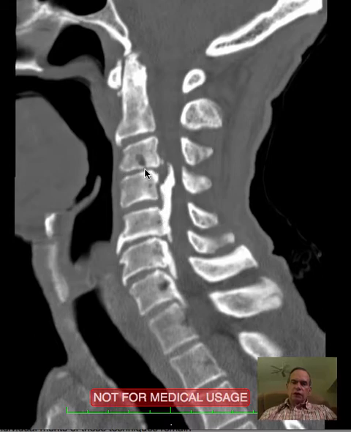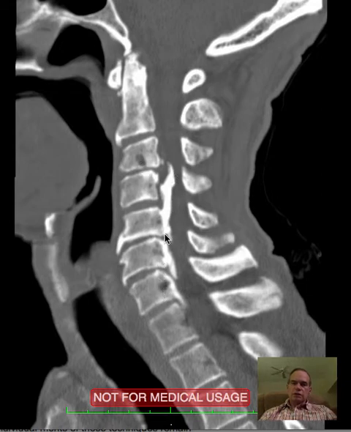Here you have narrowing of the disc space at C3-4, indicating disc degeneration. This lucency here is a degenerative cyst in the vertebral body, as is this one, and these are similar earlier degenerative changes. You can see they are mostly juxtaposed to areas of severe disc degeneration, which is common. That is, these areas of demineralization.